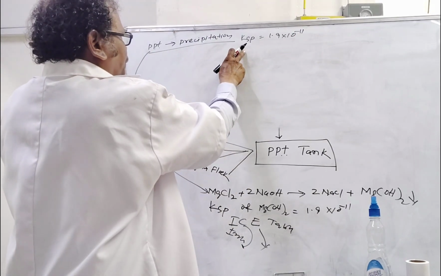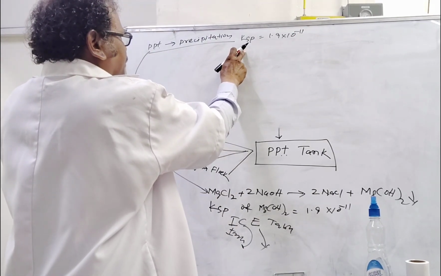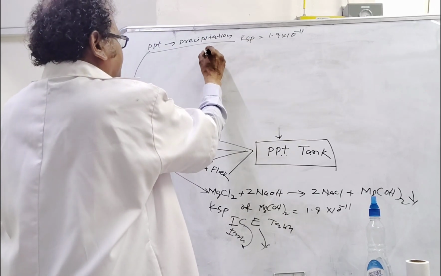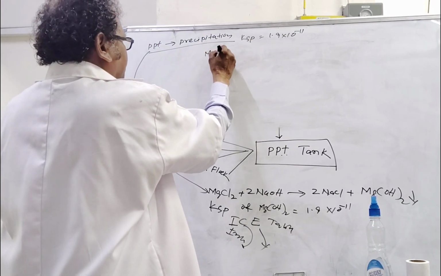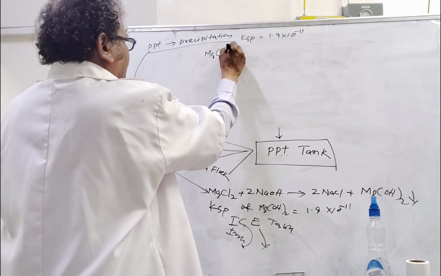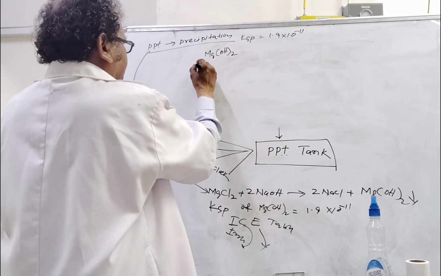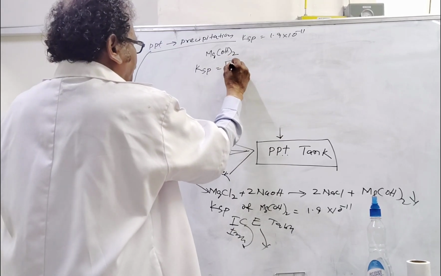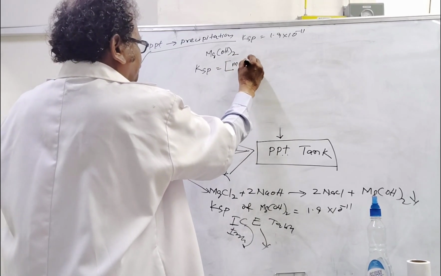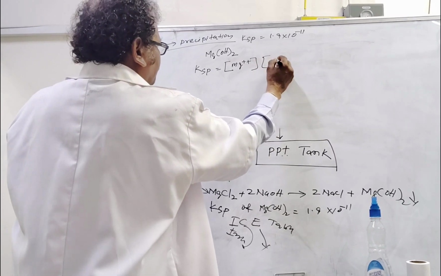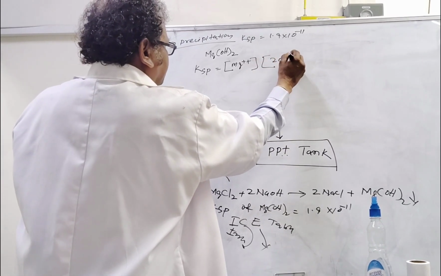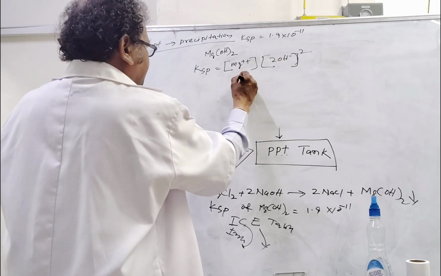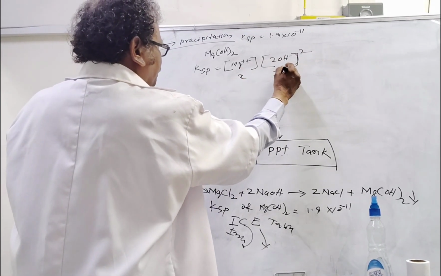So for magnesium hydroxide, Ksp is equal to [Mg2+] into [OH-] squared. If Mg is X, then OH is 2X, squared.